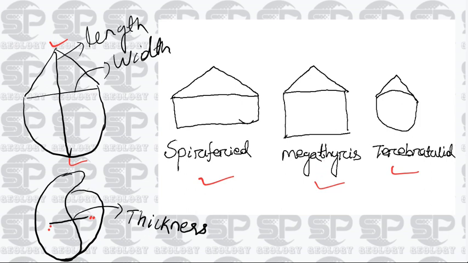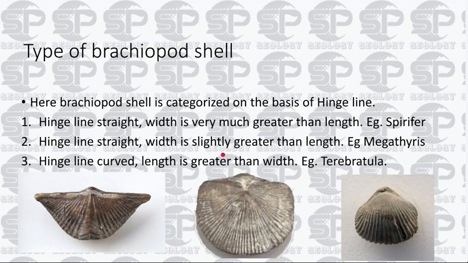In the strophomenid, the hinge line is straight, and the width is very much greater than the length. Then another is the megathyrid. The hinge line is straight, but the width is slightly greater than the length.